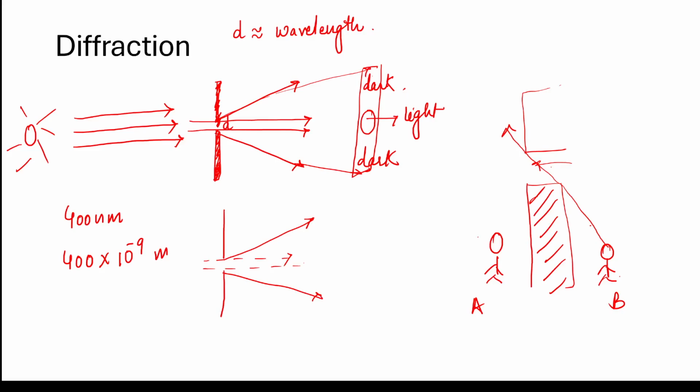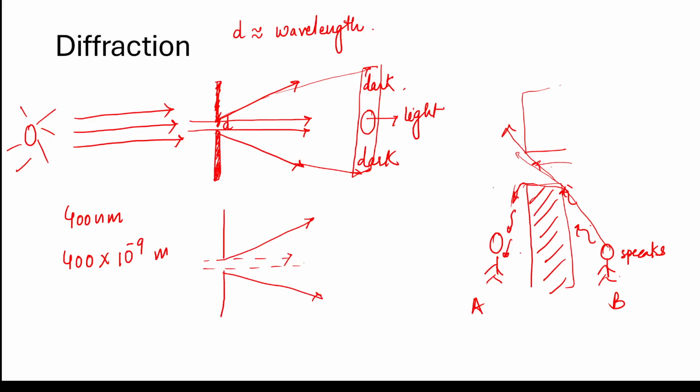You can see your friend only when the light ray reaches your eye. But if your friend speaks, he produces a sound wave. This sound wave ends up bending and coming to you. So sound waves clearly show diffraction because instead of traveling straight, they bend and you hear the friend, but you don't see the friend, hence the light wave is not bending.